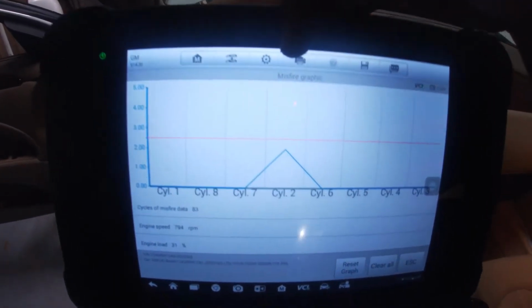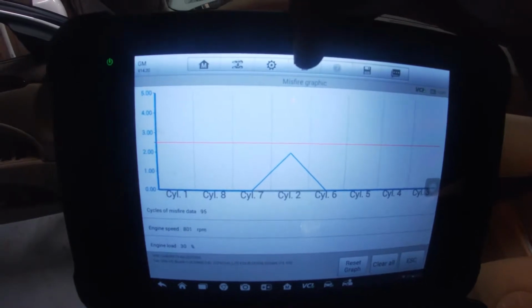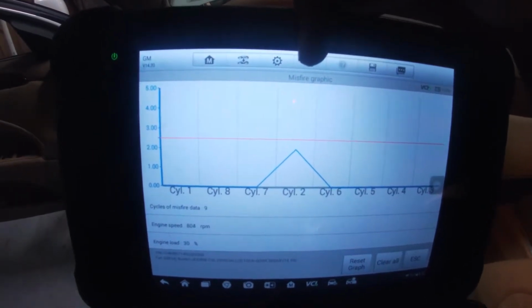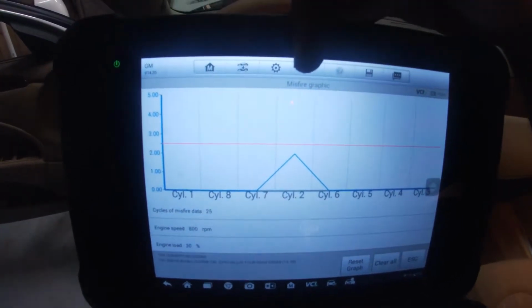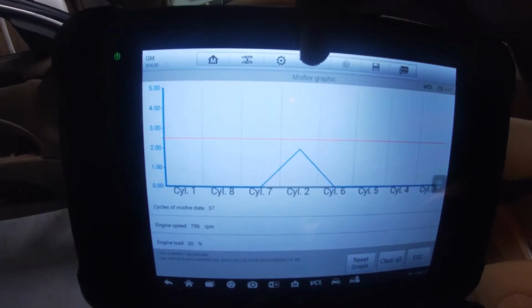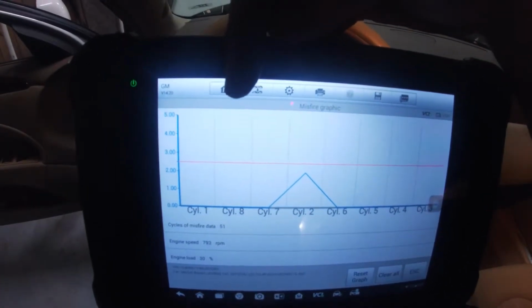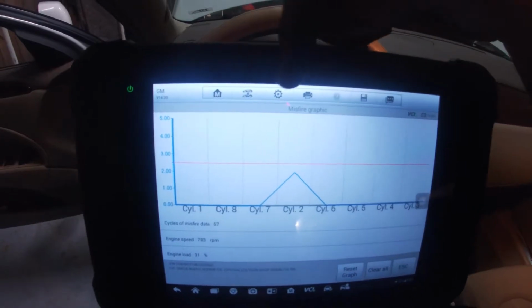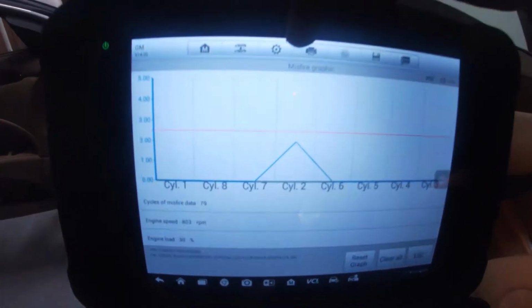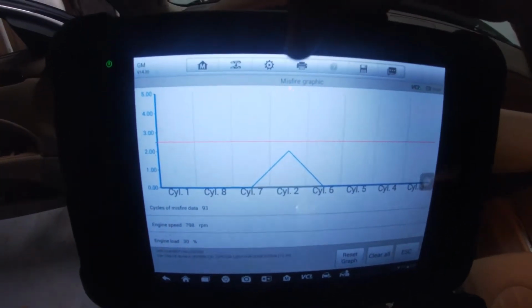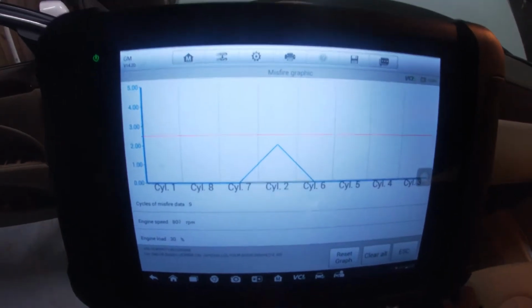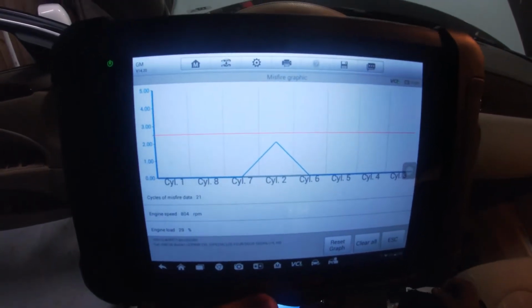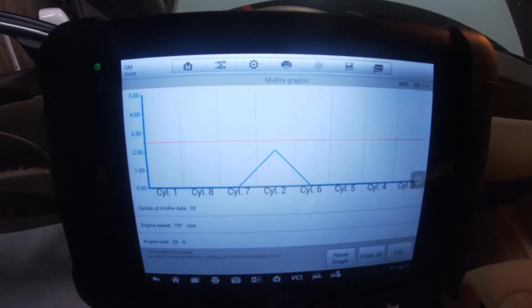Notice how it went here now. It was at number 8. I did put the bad coil on number 2, and it seems like the number 2 is now misfiring. So I think we found our culprit here.